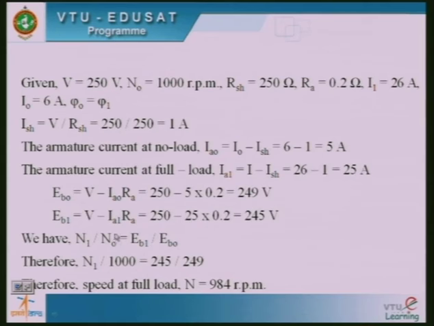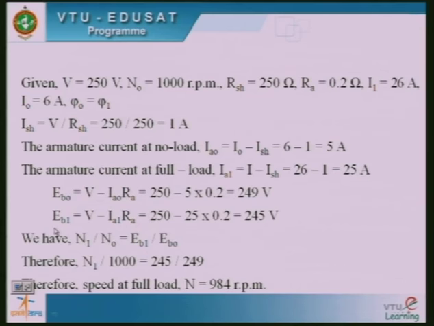Now, you calculate the back EMF under no load condition and under full load condition. Under no load condition, the back EMF is V minus IA naught multiplied with the armature resistance. EB naught is equal to V minus IA naught RA. After substituting the required values, we are getting 249 volts.